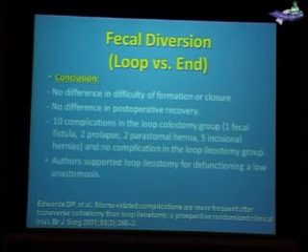So they concluded that the loop ileostomy is better for defunctioning a low anastomosis. And this is practiced by a lot of colorectal and general surgeons, using the loop ileostomy for diversion.